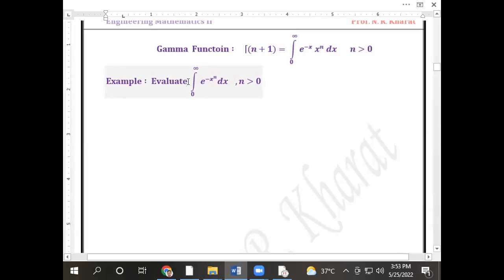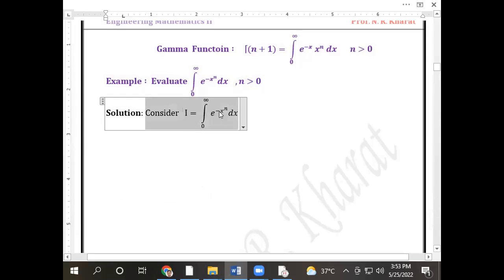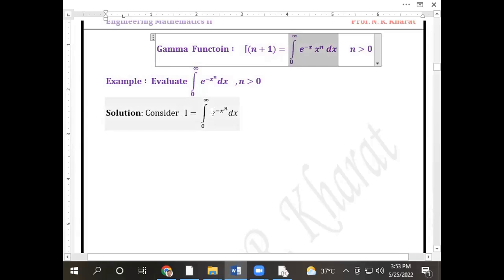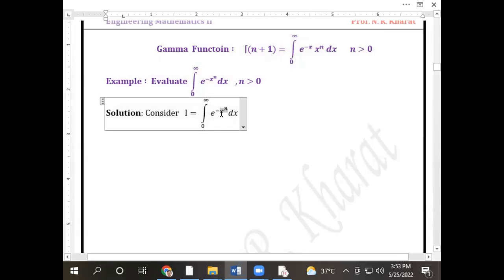We have to convert such an example in terms of the gamma function. For that, we assume the value of the integration of e raised to minus x raised to n dx, with limits from 0 to infinity, equal to I. When we compare this example with our gamma function definition, it is clearly mentioned that the index of the exponential function is minus x raised to n instead of x.